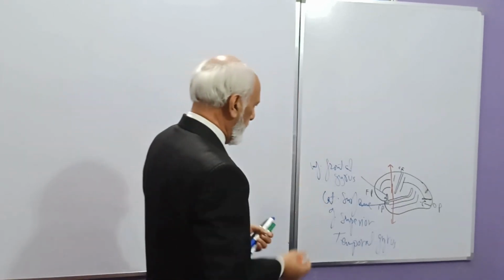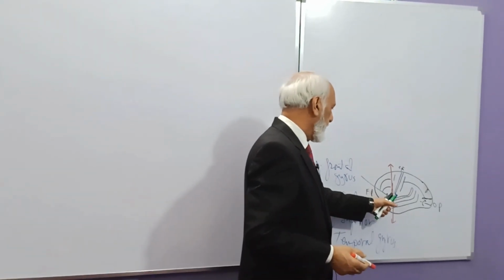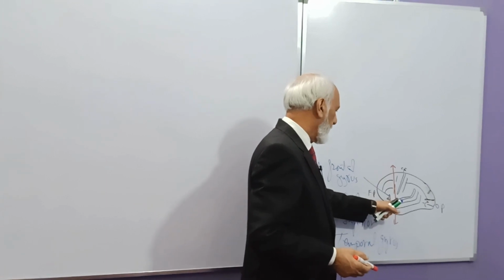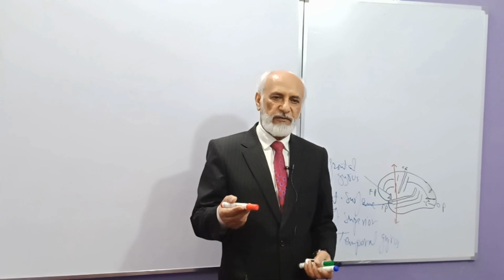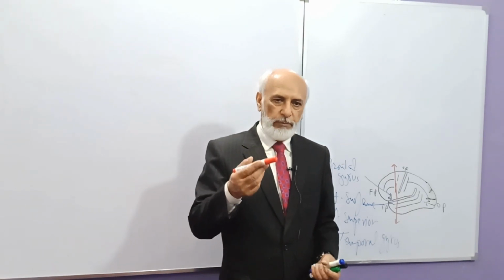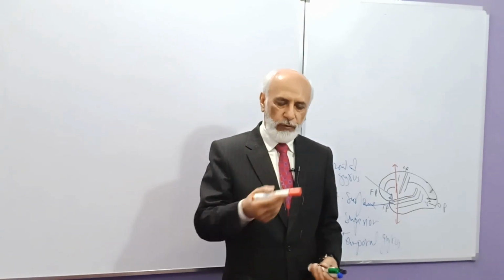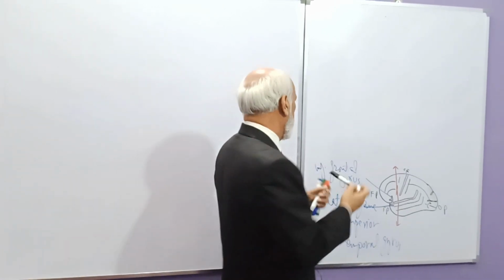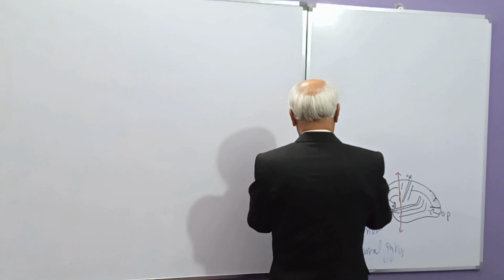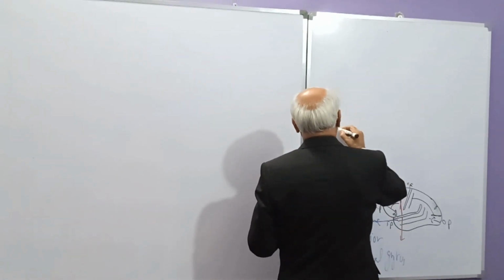So when we move the upper lip upwards and the lower lip downwards, then we will be able to see the superior surface of the superior temporal gyrus and the floor of the posterior ramus of the lateral sulcus.